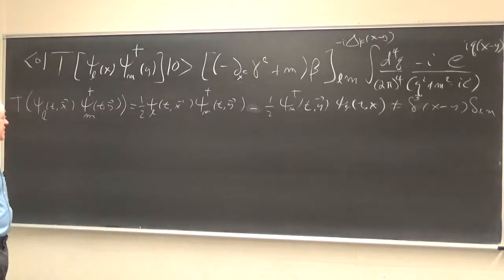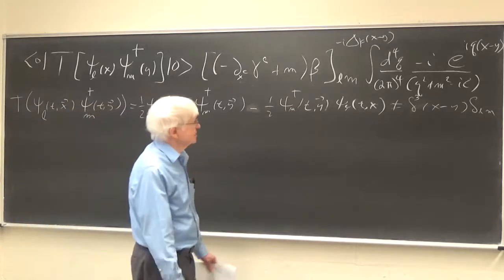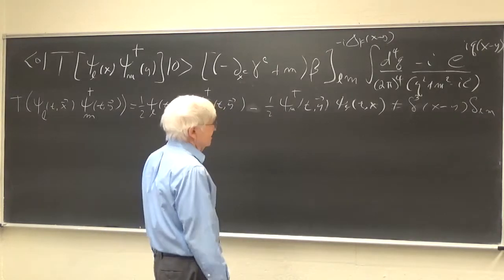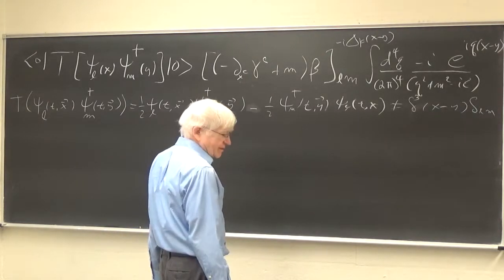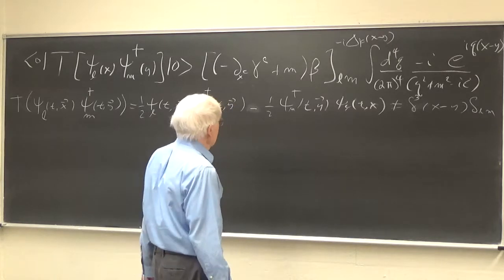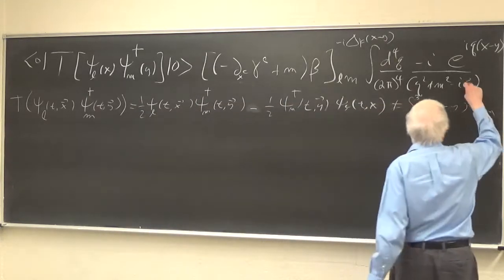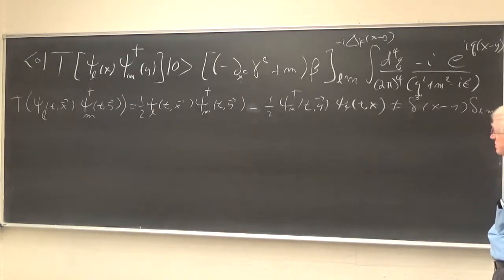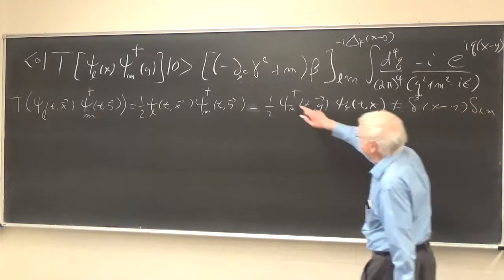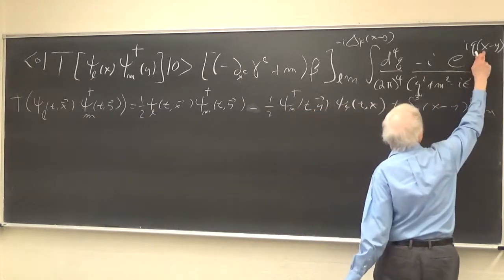So in fact, in many of the equations in Weinberg and in my notes, all derivatives are with respect to x rather than y, unless it's explicitly noted to be a y derivative.